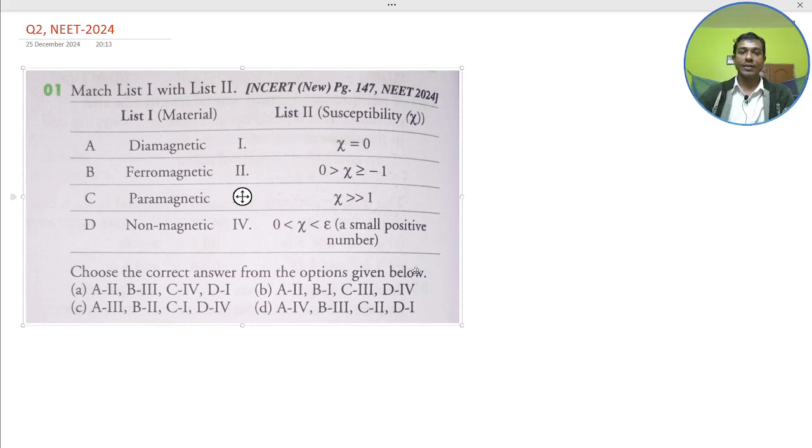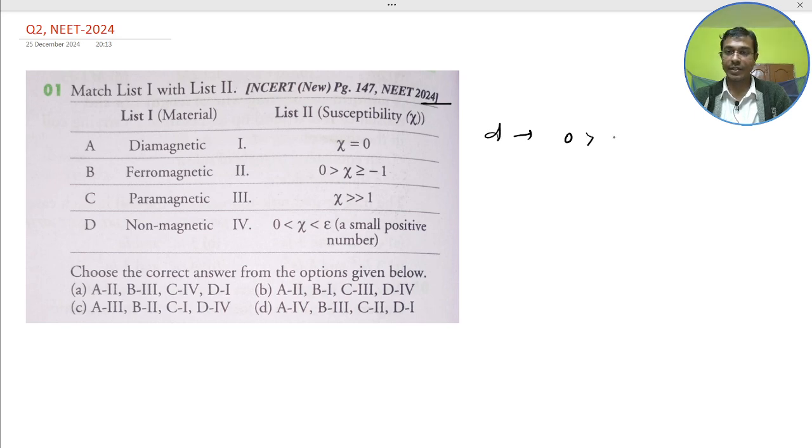Go ahead, our next problem coming in NEET 2024. I am saying one thing: for your NEET exam, match type questions are coming, match list 1 with list 2. NEET 2024 recent question: diamagnetic, ferromagnetic, paramagnetic, non-magnetic, chi equal to 0. For diamagnetic substances or materials, the chi range is 0 greater than chi greater than or equal to minus 1.